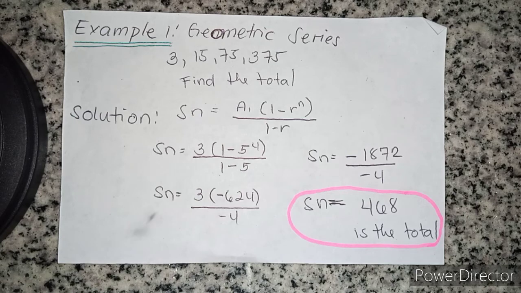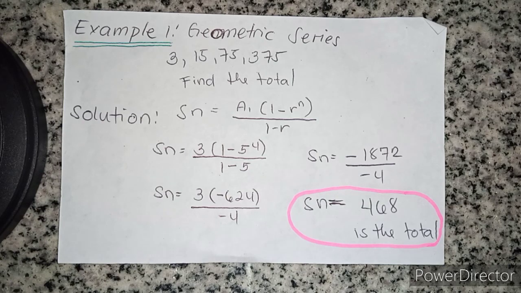Times 3. So 3 times negative 624, we're going to get negative 1,872. Then 1 minus 5 is equal to negative 4. So the answer is negative 1,872 divided by negative 4. Since they have the same sign, which is negative, negative divided by negative becomes positive. 1,872 divided by 4 is 468.